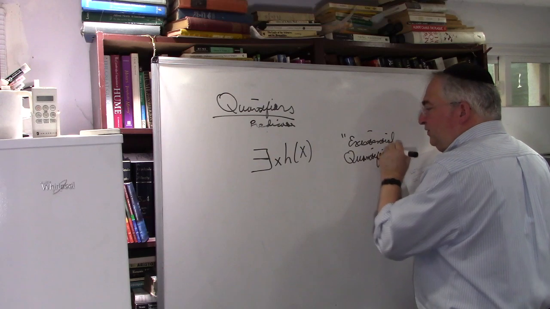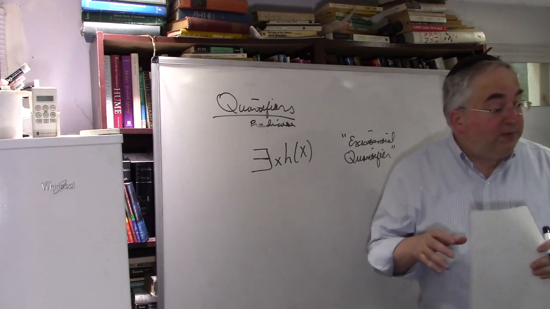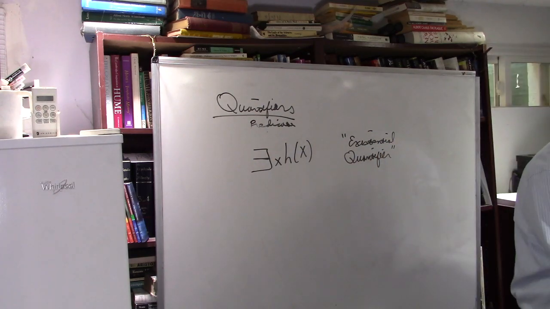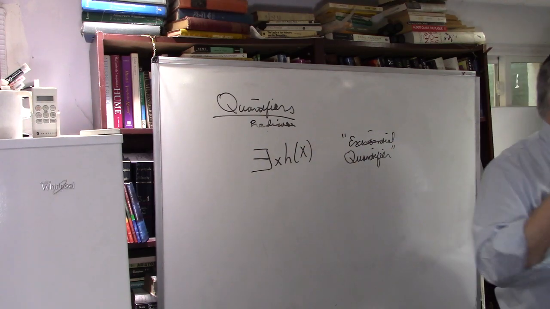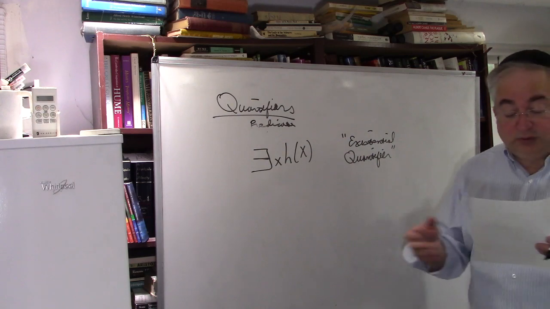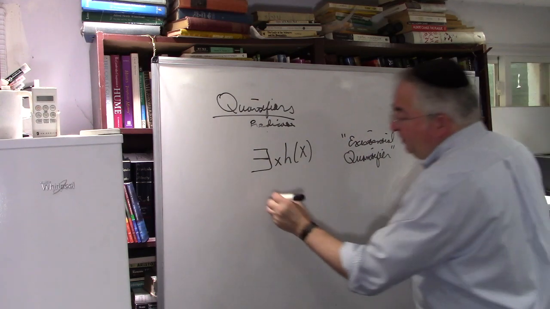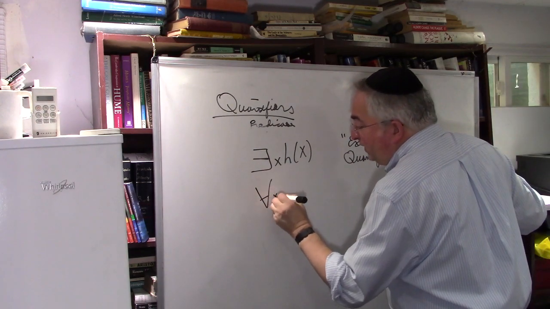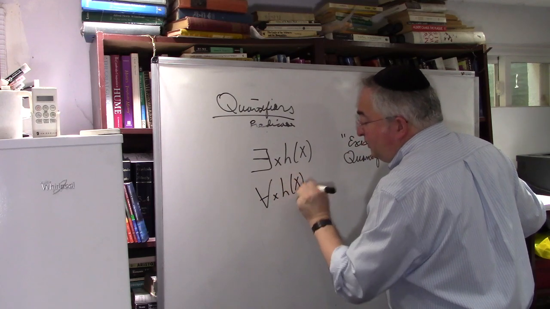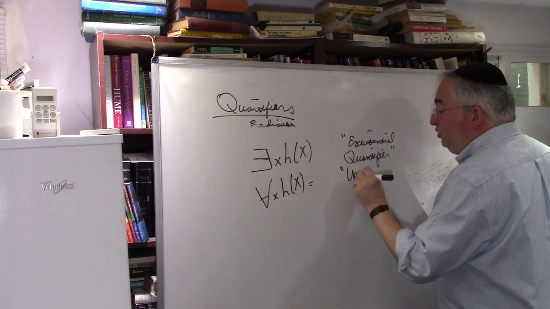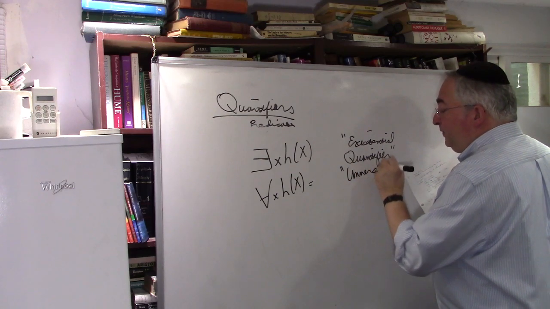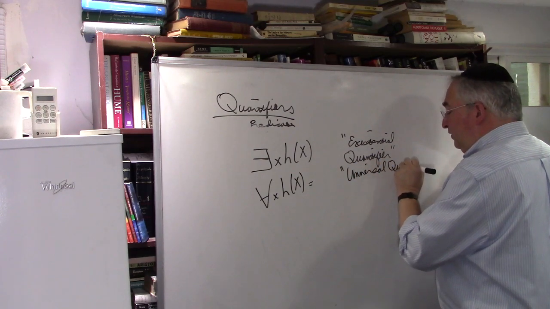Let's just talk English for a second. Quantifier means what's the quantity? How many? Existential means there exists. There is one, there is two, there's three, but there is one. As opposed to that, for all x, H of X stands for the universal quantifier.